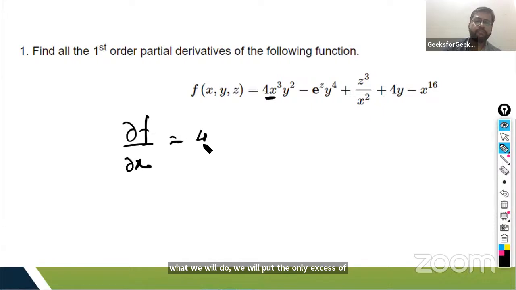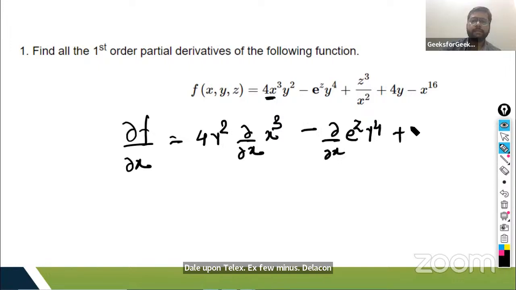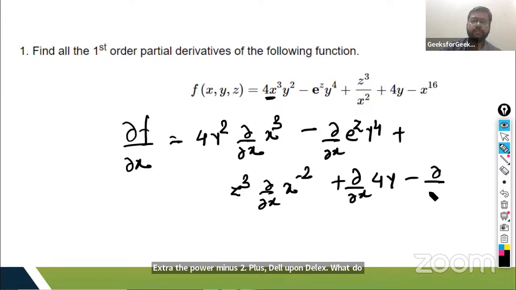So here 4y^2 will be considered a constant, del upon del x of x^3, minus del upon del x of e^z y^4, plus, sorry, z^3 outside, del upon del x of x to the power minus 2, plus del upon del x of 4y, minus del upon del x of x to the power 16.